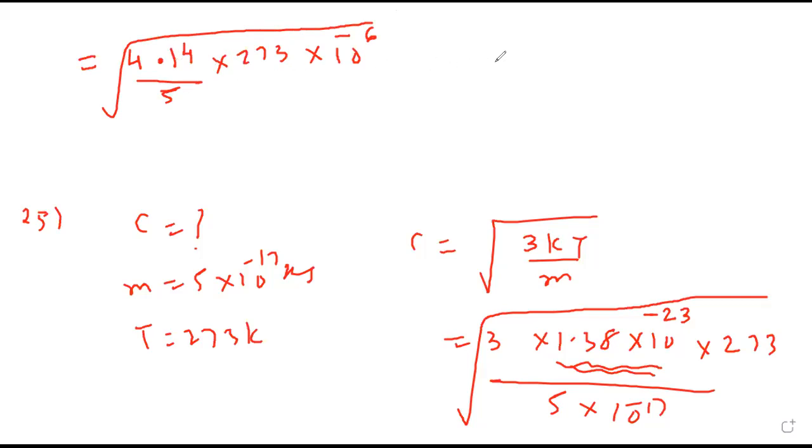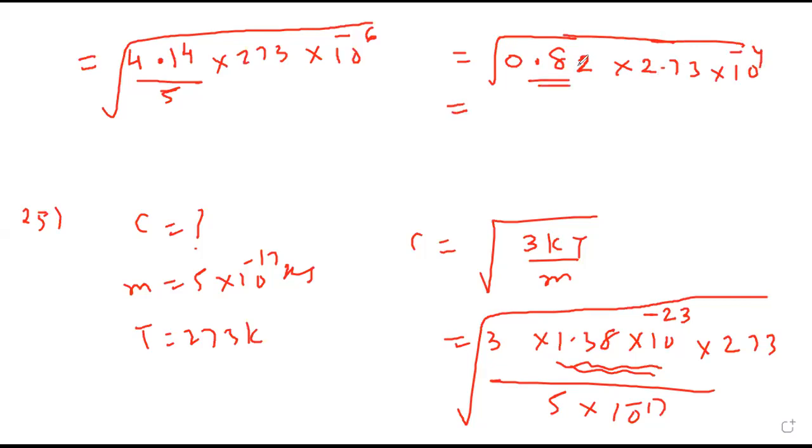So this is approximately root of 0.458 and 8s are 40. One is not divisible, 40, 14. So 2 into, you can write 2.73 into 10 raised to minus 4.